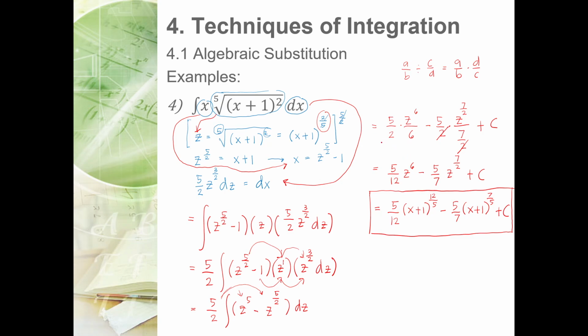So over 5, it's 6, multiplied by 2/5. Yes, that 7/2 multiplied by 2/5 first. The 2 cancels out, so it becomes 7/5. Okay?